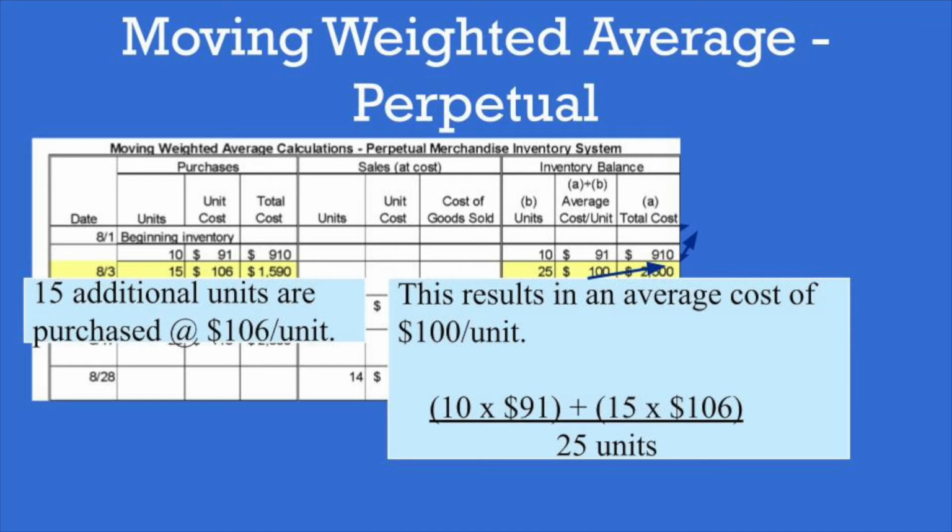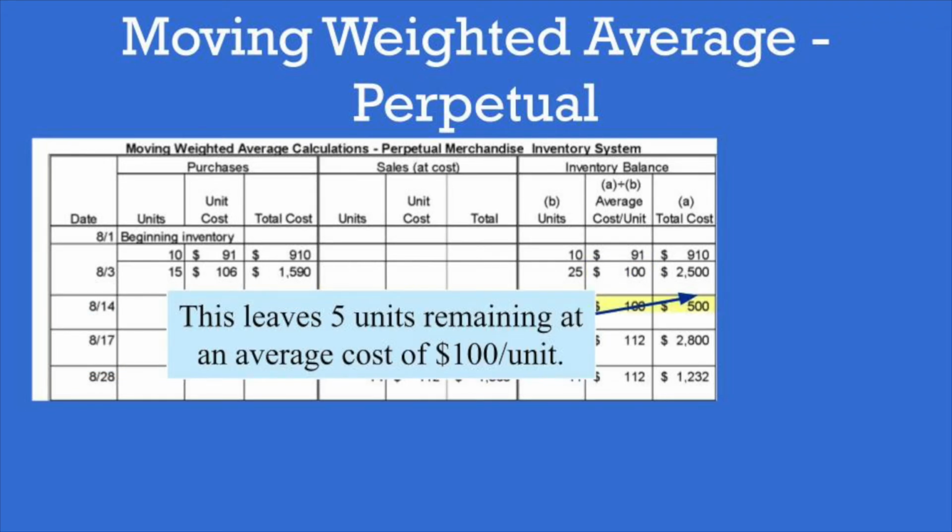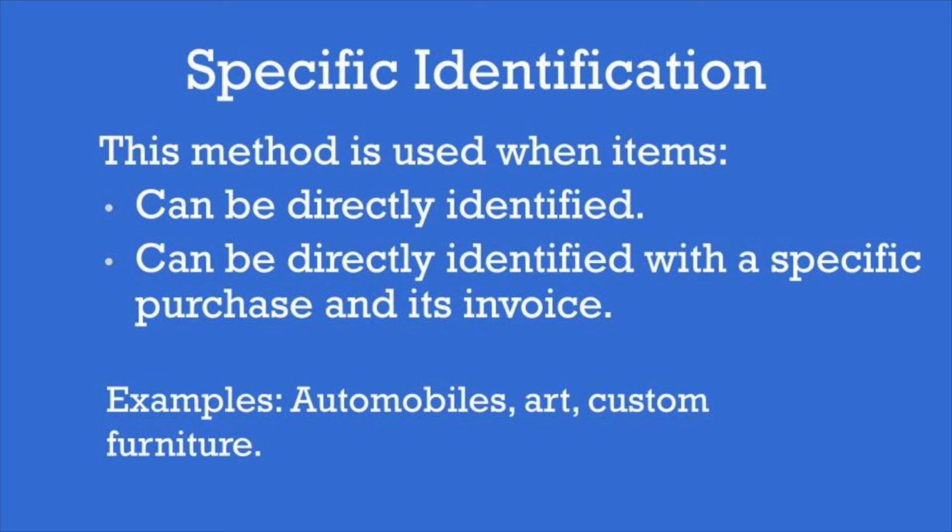So we're going to record them at $100 a unit. So the 20 units are sold at an average cost then of $100 a unit. This leaves 5 remaining in stock, and they would be recorded as having an average cost of $100 a unit.